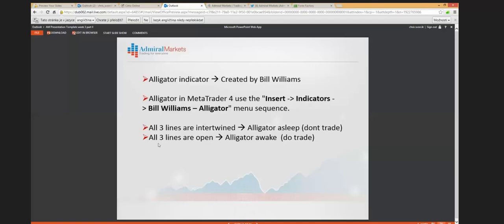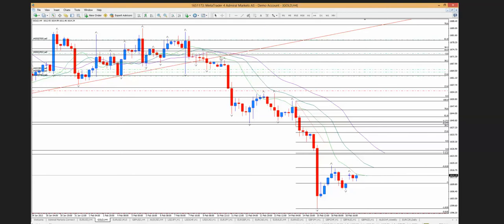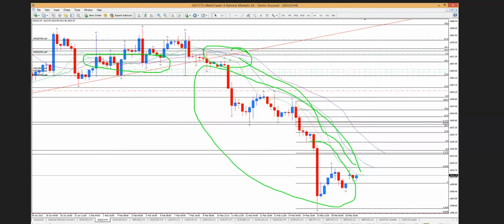If they're intertwined, that means it's not a trending mode, and if all 3 lines are open and preferably expanding away from each other, the Alligator is awake, and that's when we want to trade it. So if we go back to a real-life chart example, we can see very simply that in this area there's a lot of entwinement, and here the Alligator lines are starting to get wider and wider, and that's the trending mode we're looking for on the 1-hour chart.